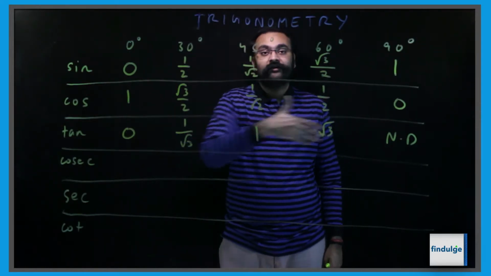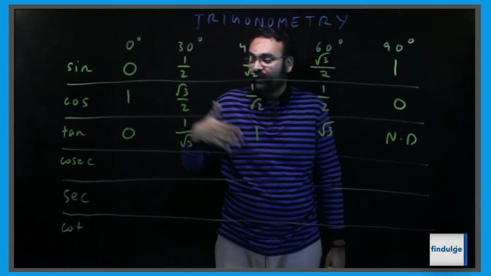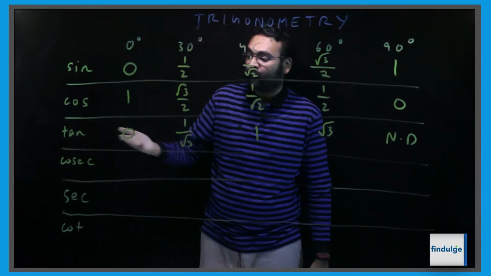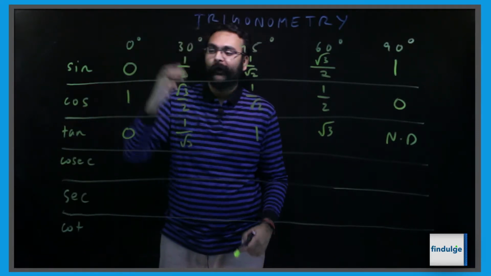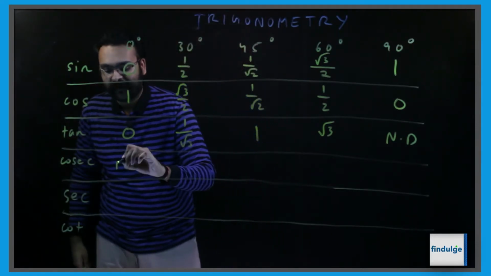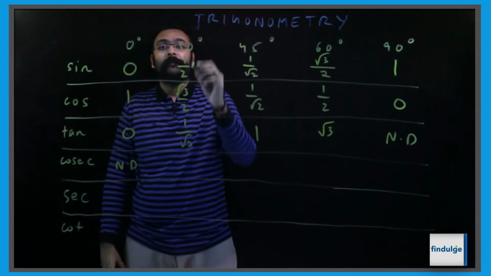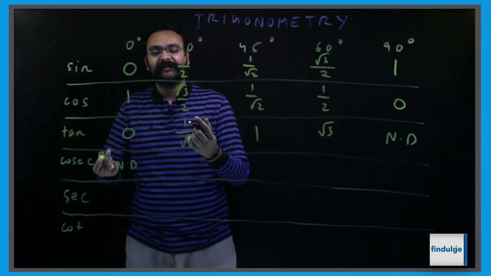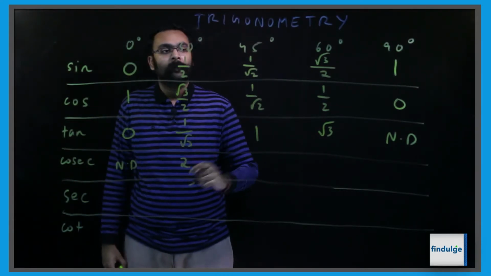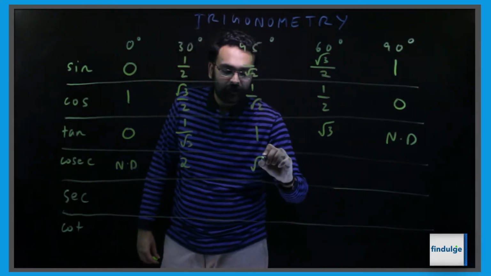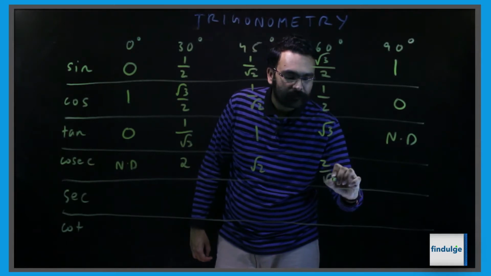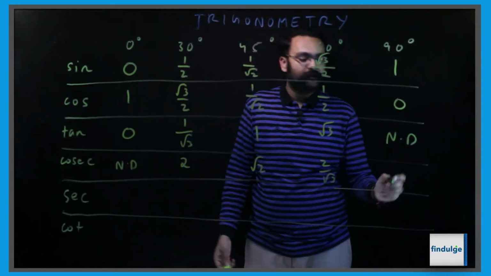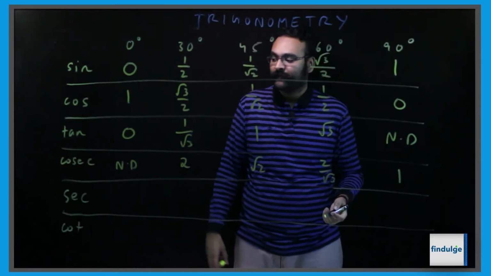It goes reciprocal. Now we know by definition cosec is inverse of sine. So 1 by 0 not defined. 1 upon 1 by 2 or just direct reciprocal 2. Direct reciprocal root 2. 2 by root 3, 1 upon 1, just 1.